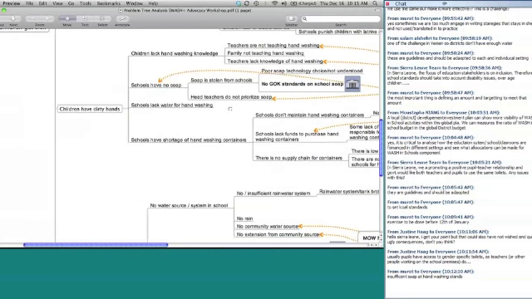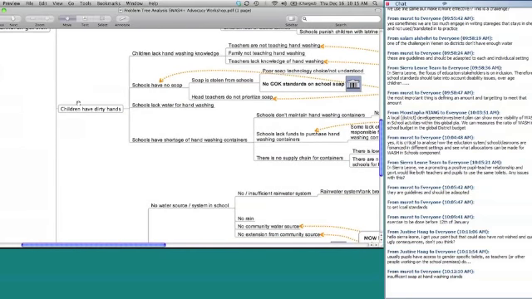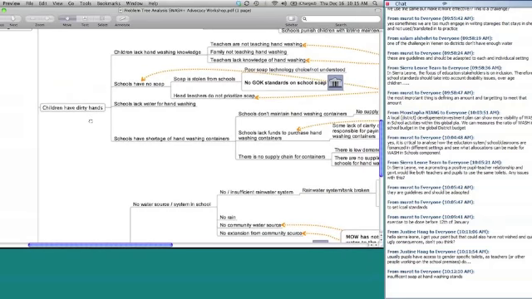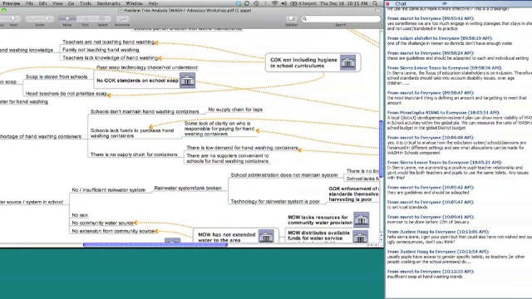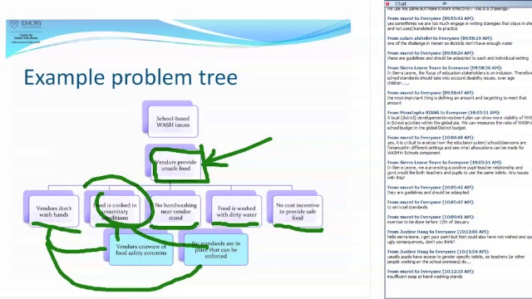So again, what you do is you go down the problem tree, you continue to ask why down the tree until you reach a root cause. And a root cause is something that you'll then want to focus on as an area that you can improve. Okay, so I think we're back at the presentation.